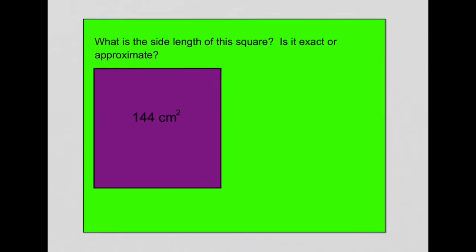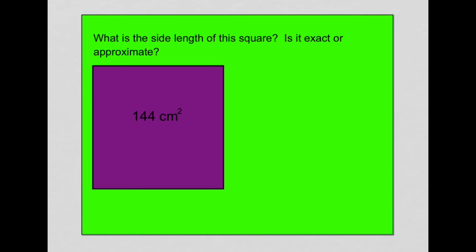So last thing I want to do in this video, let's look at an application of square roots. What is the side length of this square? Is it exact or approximate? So this square has an area of 144 centimeters squared.